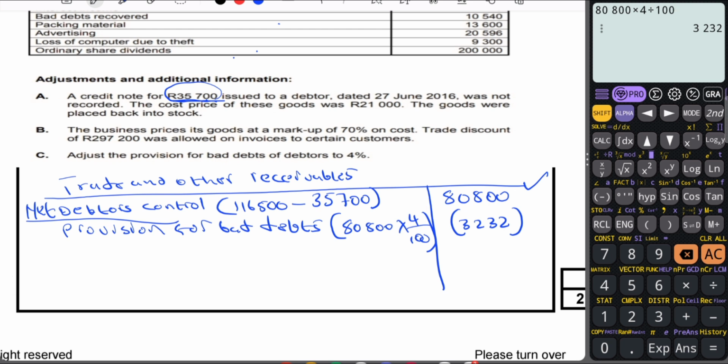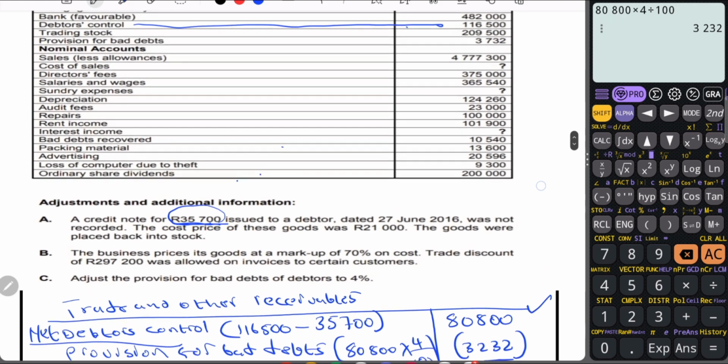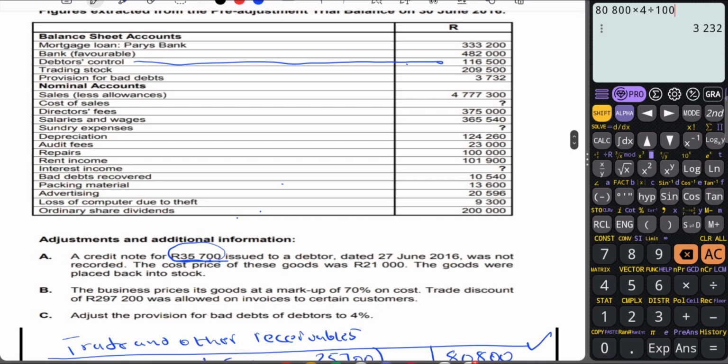Now you need to go back to the trial balance and compare it. Let's go and check the one that we are given on the trial balance. When we check, the one that we are given on the trial balance is higher than the one we calculated based on the given information.